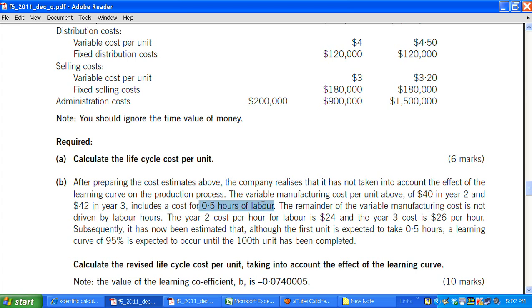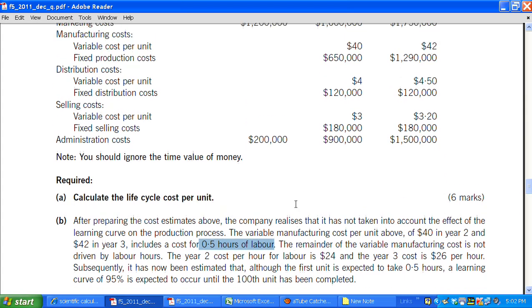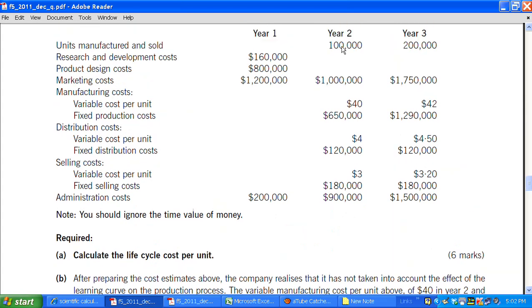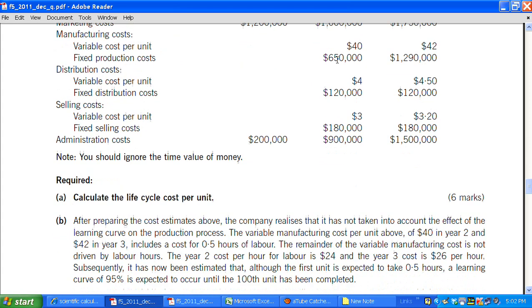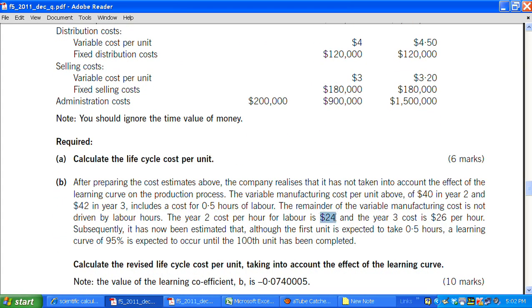So 0.5 hours per unit, multiplied by 100,000 in year 1, multiplied by 24. That's what I'm doing.